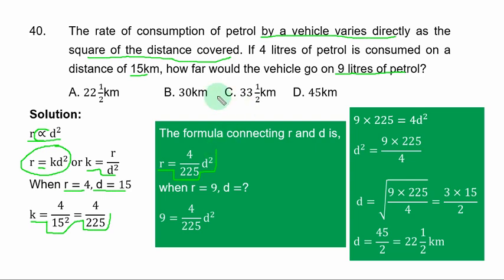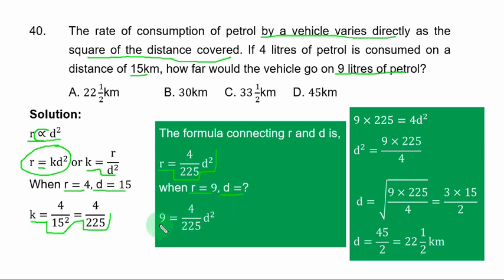Now you are asked to find the distance that the vehicle can travel if the rate of consumption is 9 liters. So you have R is equal to 9, distance is unknown.